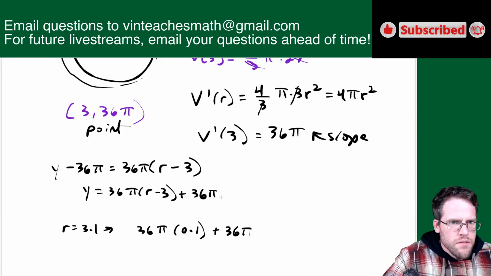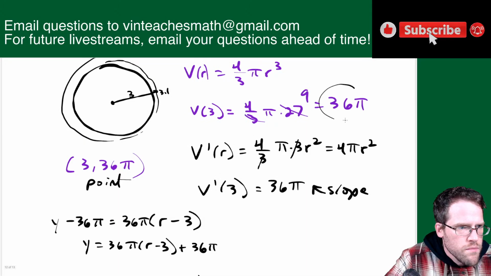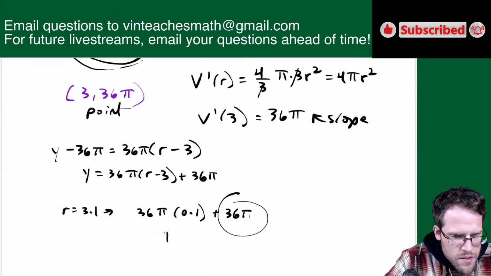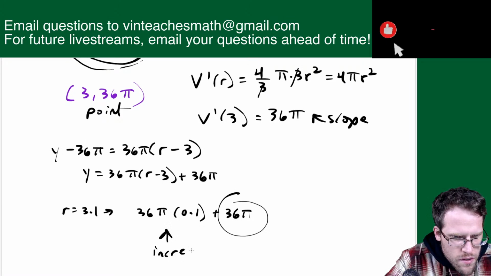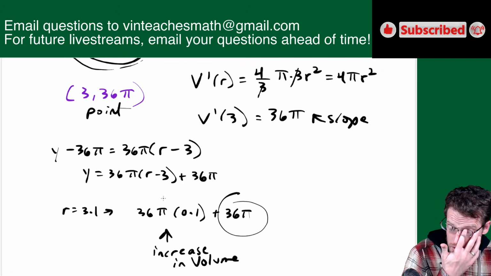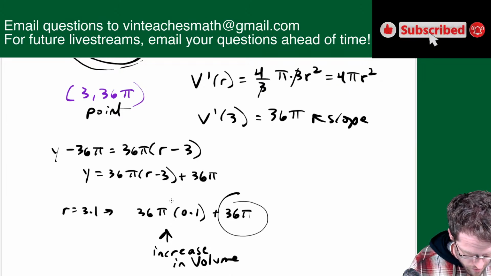You see how the volume was this? This was the old volume. This is the increase in volume, that piece. The derivative times that change in the radius. So let me just see if it checks out to the same.